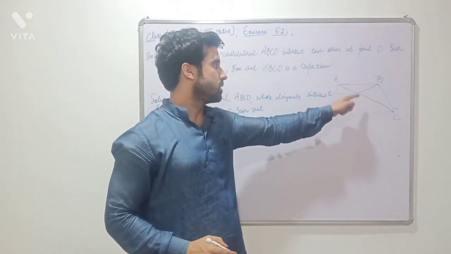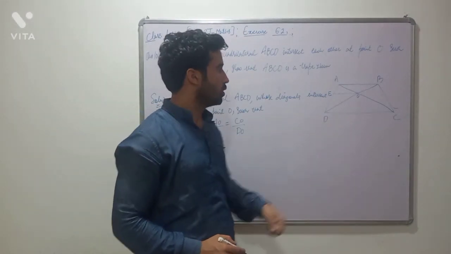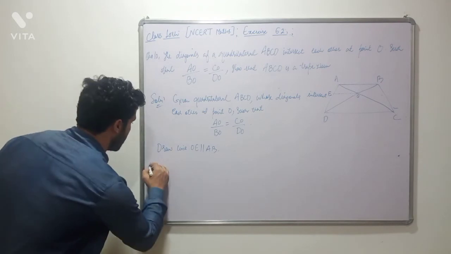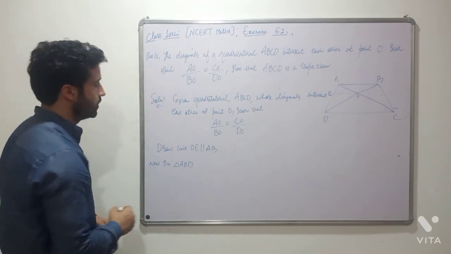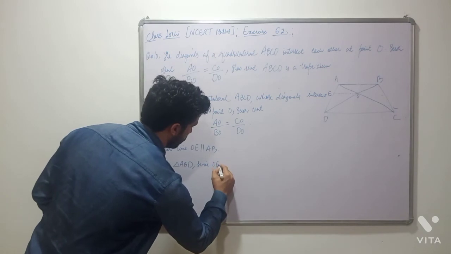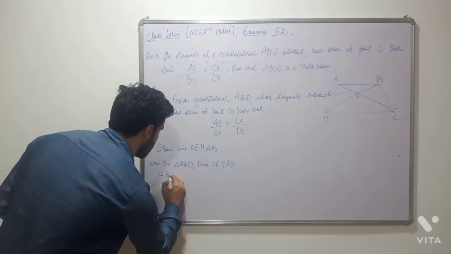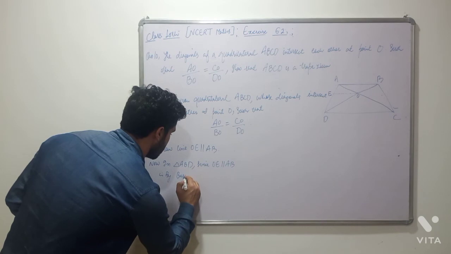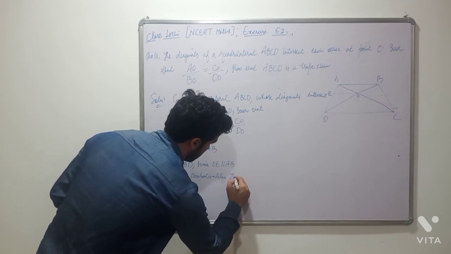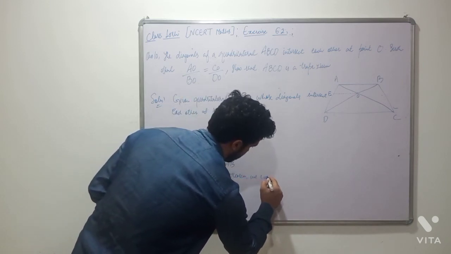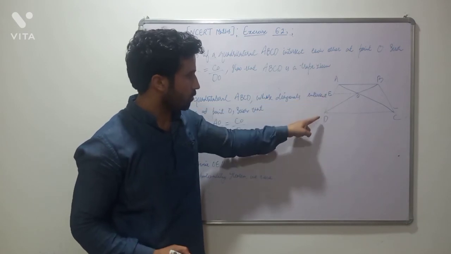Once it is parallel to AB, this means in triangle ABD we may apply the basic proportionality theorem. तो यहाँ पर हम लिखेंगे now in triangle ABD, since OE is parallel to AB, therefore by basic proportionality theorem, जरा बताइए क्या देगा आपको basic proportionality theorem? तो यहाँ पर आपको मिलेगा simply DE over EA is equal to DO over OB, है ना?